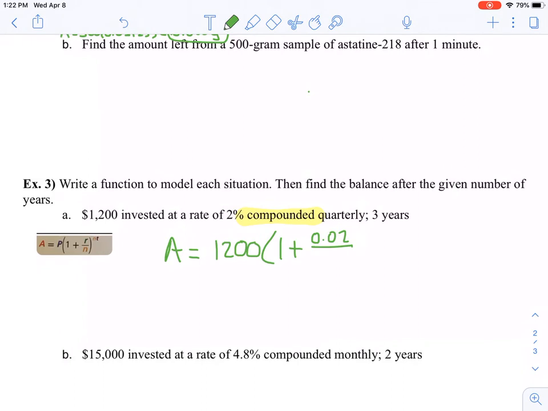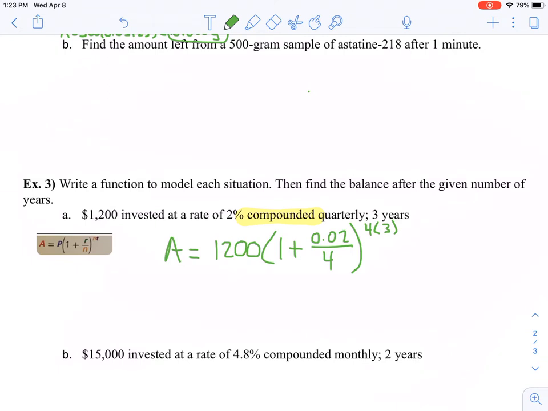Now n was the number of times it's being compounded, so compounded quarterly, 4, and the exponent is n times t, 4 times 3. Which makes sense. The 4 times 3 as an exponent means it's going to be compounded a total of 12 times since it's compounded quarterly over 3 years.